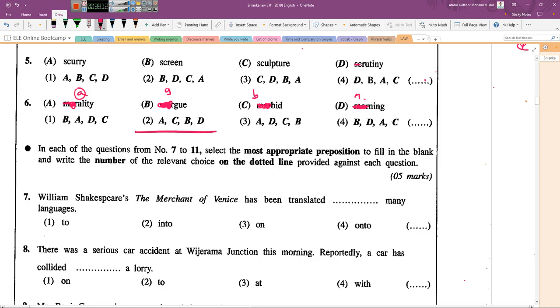But coming to the answer is very easy, but we have to understand the meaning of these words, because sometimes in the next examination they might ask the meaning of the words used in this exam paper, right? So mortality means death.